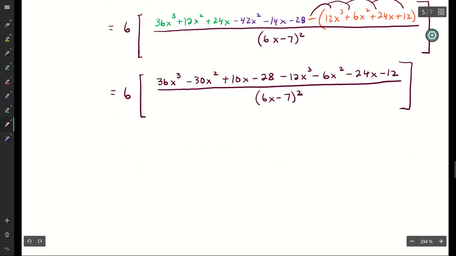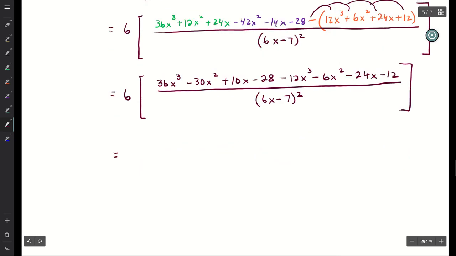All right, and then let's combine like terms and then see if there's anything additionally that we can do. All right, so from here we have a 36x to the third minus a 12x to the third. So that's going to be 24x to the third. All right, from there we have x squareds. So we have a negative 30x squared minus a 6x squared. So that's negative 36x squared.